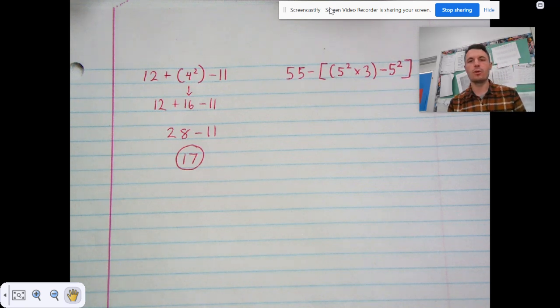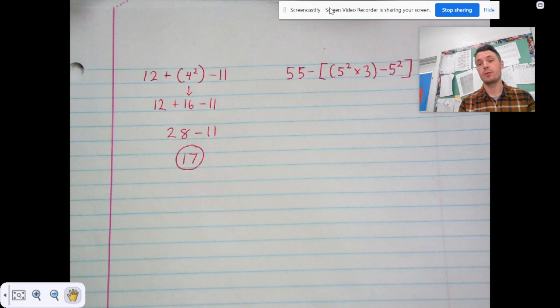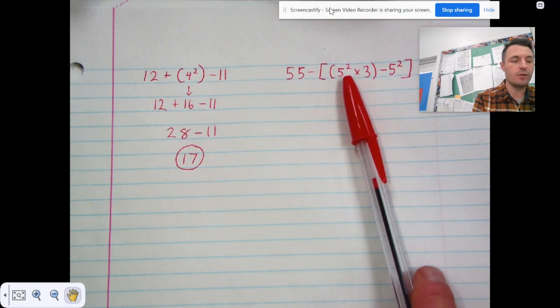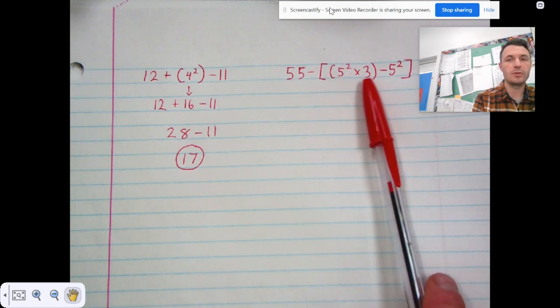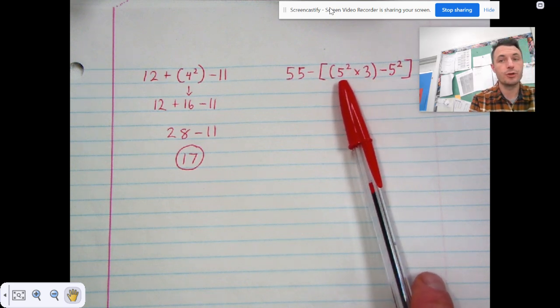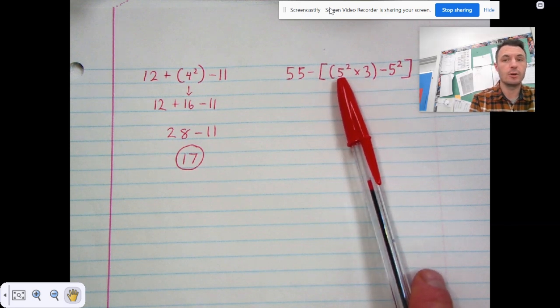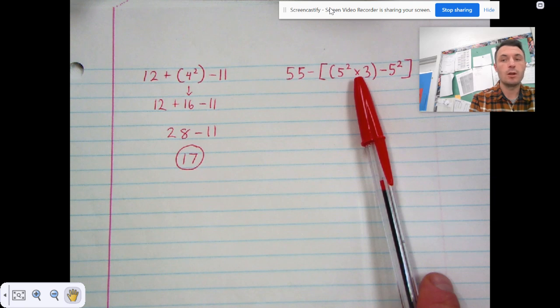Okay, let's use our order of operations. First, we have to do what's in parentheses, and it's regular parentheses, then brackets, then braces. Within regular parentheses, we have 5 squared times 3, and we have to use the order of operations in the parentheses too.